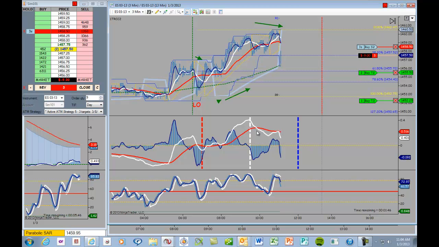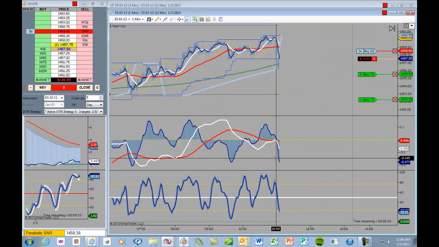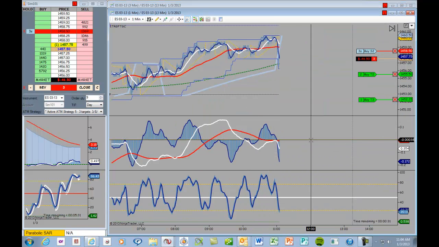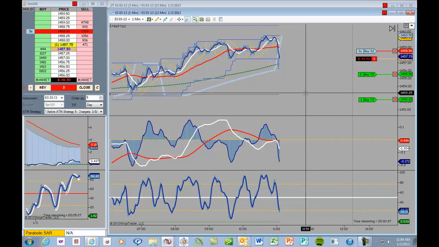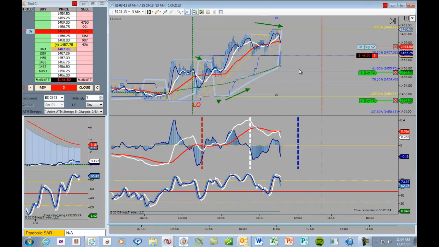Notice here the longer-term MACD on the 3-minute never really went above the red. The white stayed pretty much below the red the whole time, and on the 1-minute chart we see pretty much the same thing here. So we weren't getting a real strong dose of bullishness here.